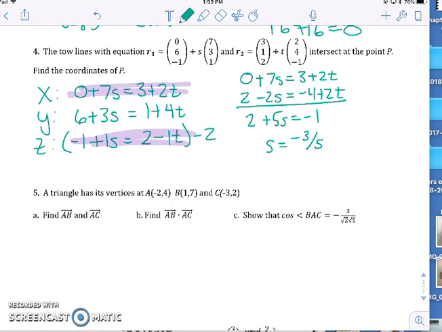Something seems a little off here. I'm trying to figure out where we went wrong. So let me try this again.